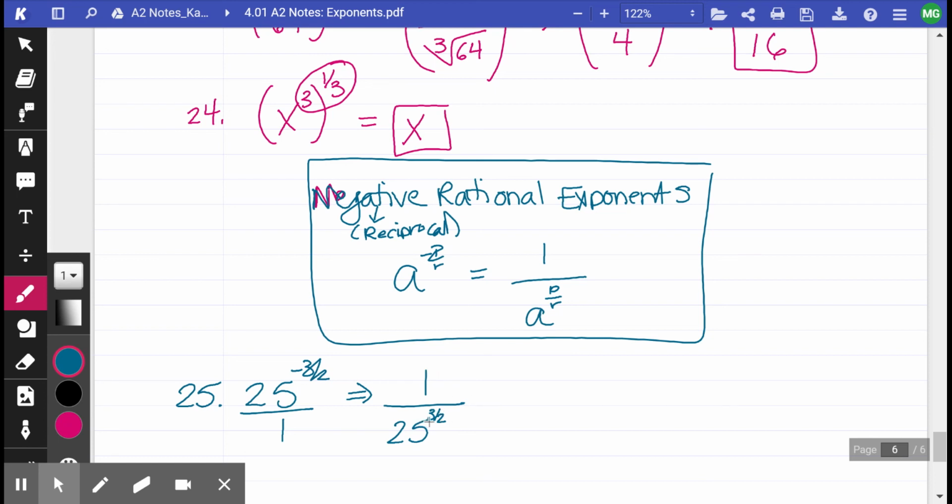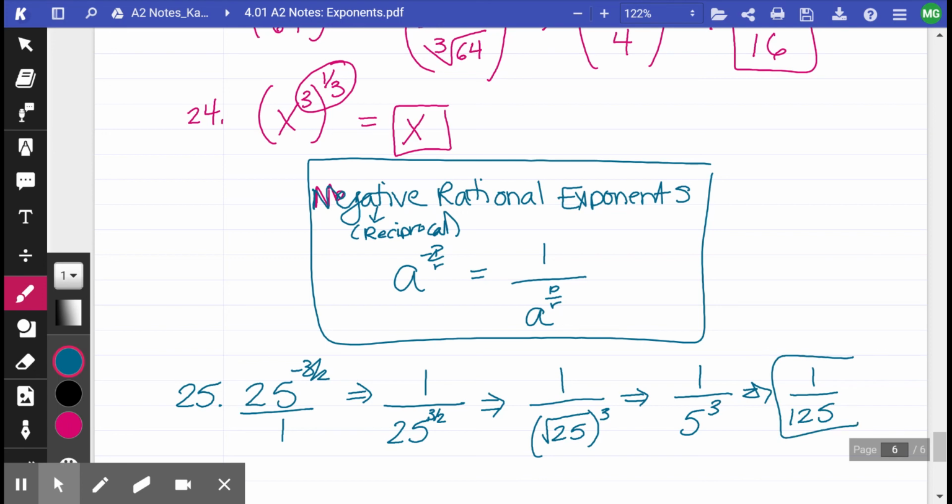You're just putting the whole thing, the base with the exponent, in the denominator. Now I have power over root. So I'm taking the square root, the second root of 25, raising that to the third power. So that would be 1 over 5 to the third, and 5 to the third is just 125.